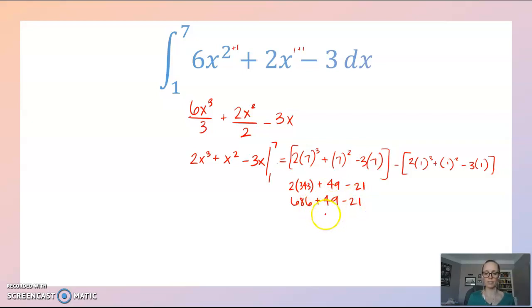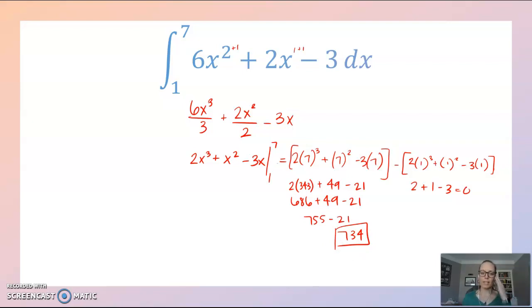And what do we have here? 5, carry the 1, 5. 755 minus 21, which is going to give me 734. And then over here, all these ones are much easier to calculate. So I have 2 plus 1 minus 3, which is going to come out to 0. And so 734 would be the value of this integral.